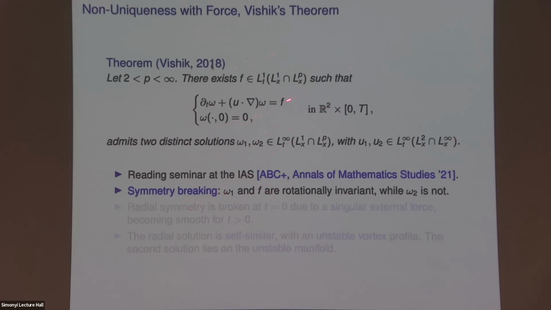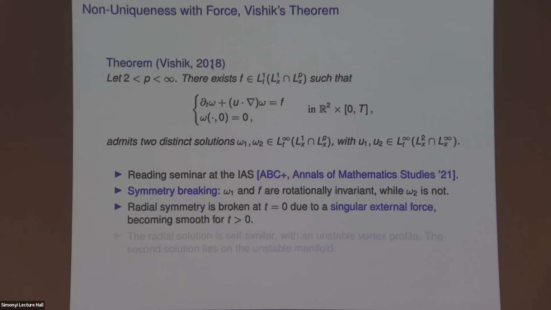If we consider an initial condition which is radial, I mean, it's trivial, in particular it's radial, and a radial external body force, we expect to find radial solutions. And indeed, the first solution is radial, but the second one is not. The second one depends in a non-trivial way on the angular variable in R^2.